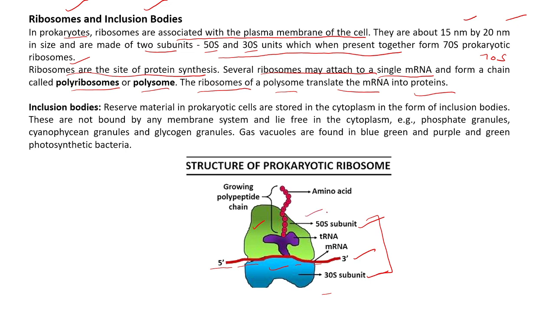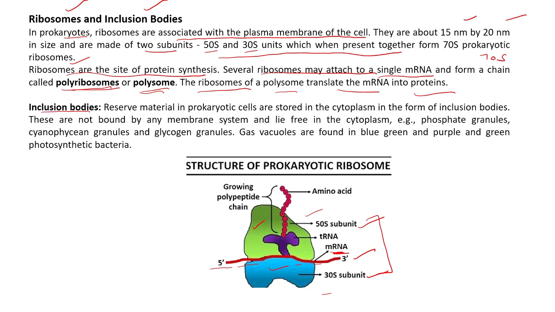When so many ribosomes are attached to this mRNA chain, they form a polyribosome or polysome. What is their function? They translate this mRNA into an amino acid chain. So their main function is protein synthesis from the mRNA chain.